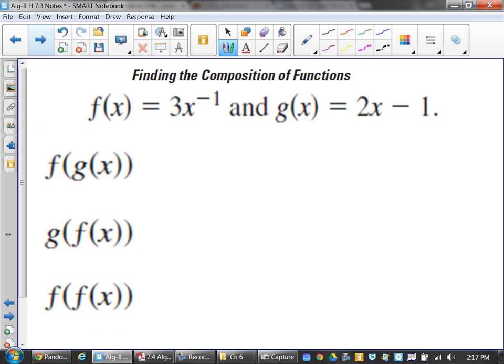If I have f of x is 3x to the negative 1, and g of x is 2x minus 1, I'm going to find f of g of x, g of f of x, and f of x.